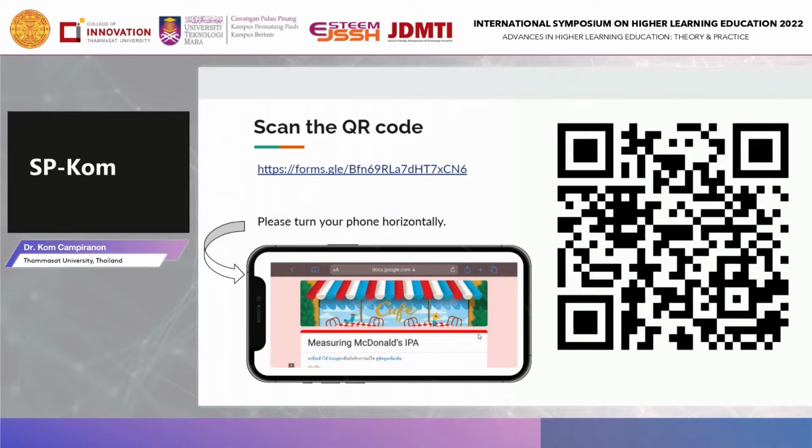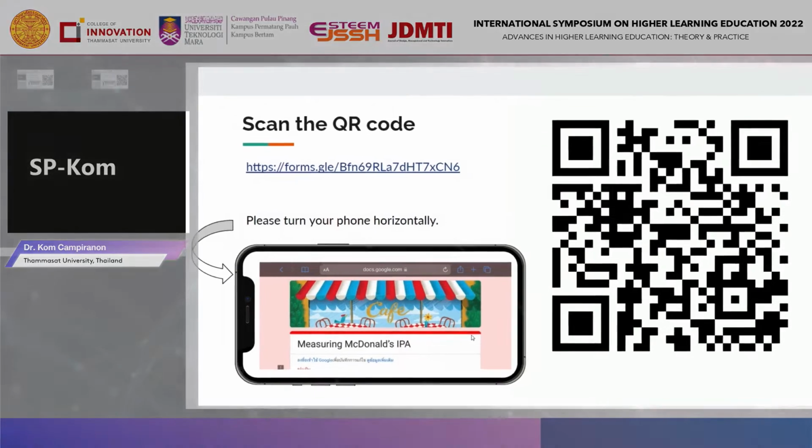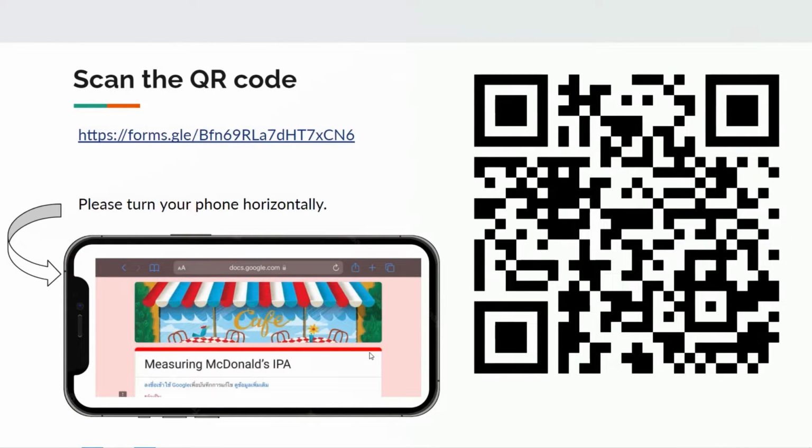Okay, so I'll give you a minute, but please don't start doing that yet. I'll explain how to do this Google form, right? So I'll give you a minute to scan the QR code.